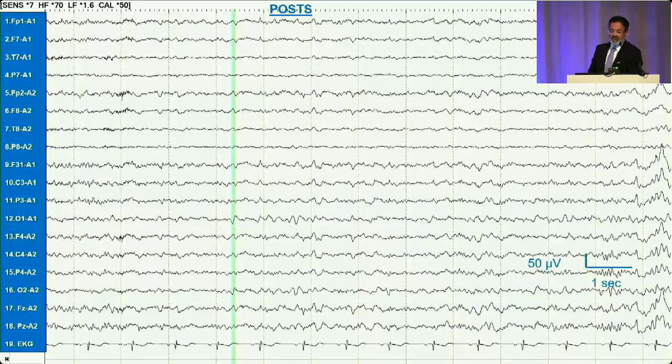And here I've remontaged that same discharge in an A1, A2 reference, and you can see how O1 is positive. It's a downward deflection in a reference, so down. If the pen is deflecting downward, O1 is more positive than the second electrode, which is A1, showing that this is consistent with a positive polarity event.